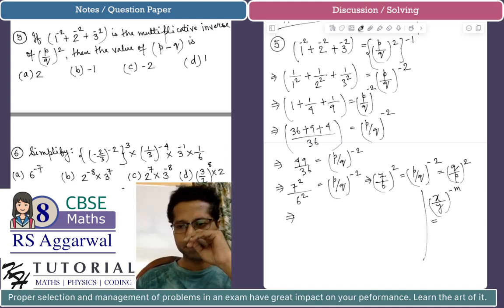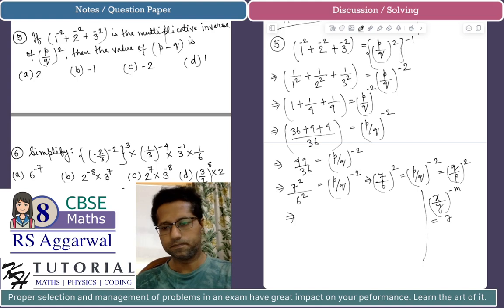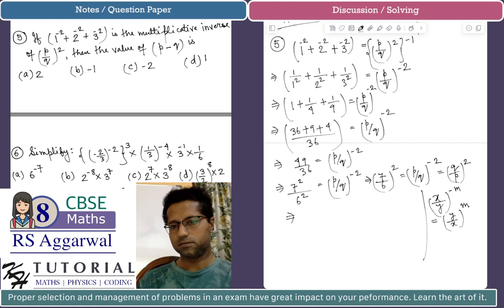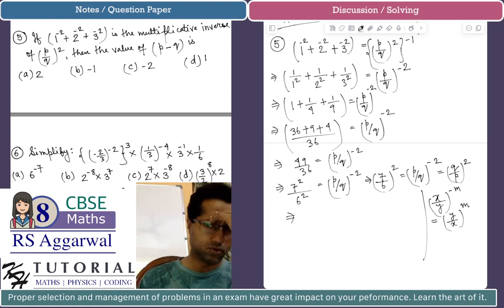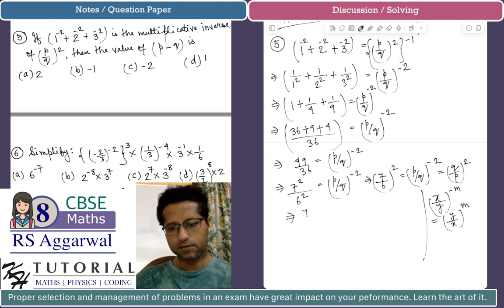It is minus m, I can make the power m and take the reciprocal of the base, that is, this is equal to y by x raised to the power m. Okay, so now I have 7 by 6 raised to the power 2 is equal to q by p raised to the power 2. So we can clearly say that 7 by 6 is equal to q by p.